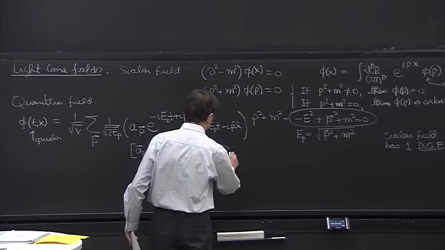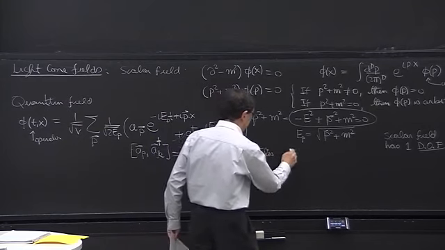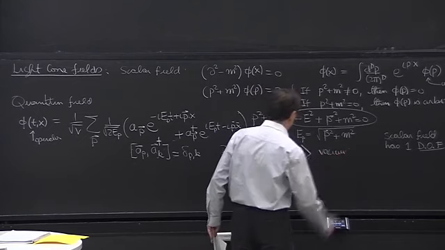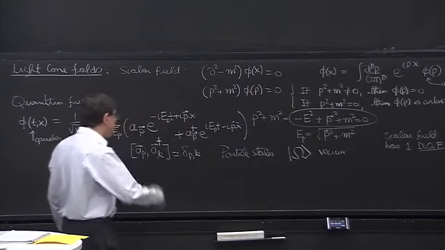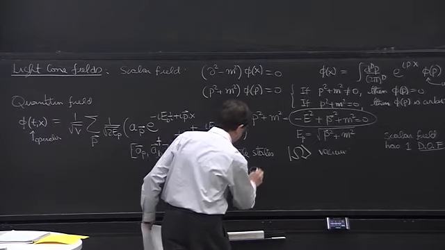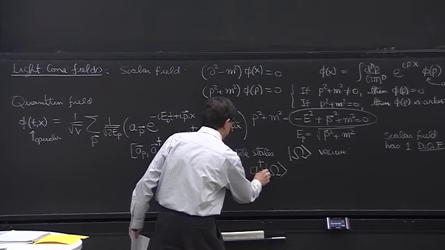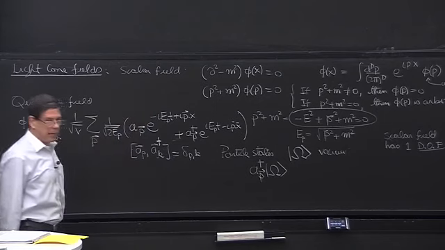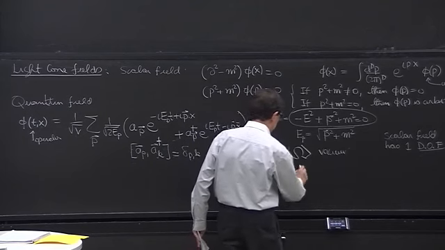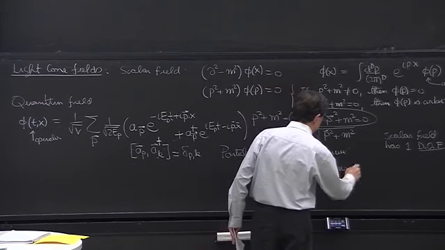And what are your particle states? Well, we define a vacuum, which is translationally invariant, and then we create particle states by acting with this operator. So an AP dagger on the vacuum is a particle of momentum P, a one-particle state.